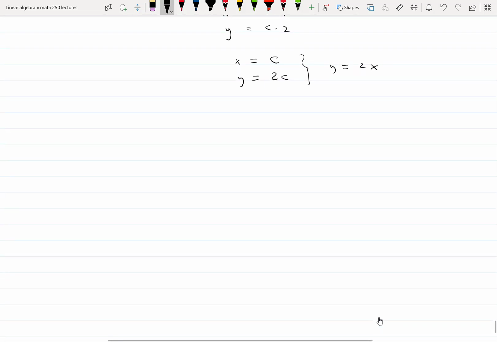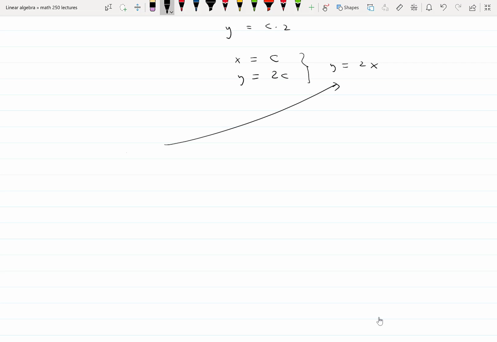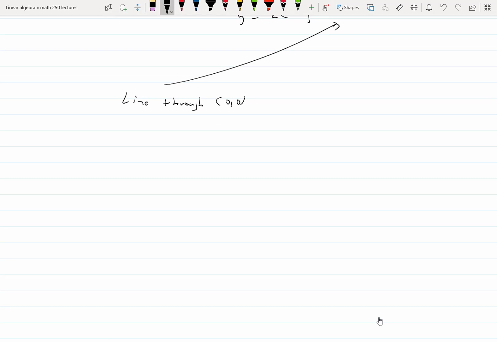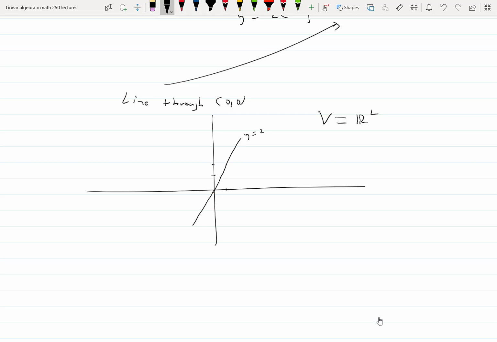What is that? This is a line through the origin. So if the vector space is all of R2, then the line y equals 2x is the span of the vector 1, 2.